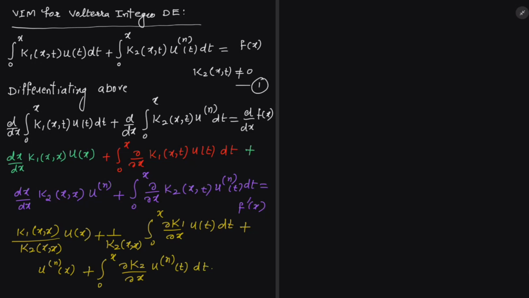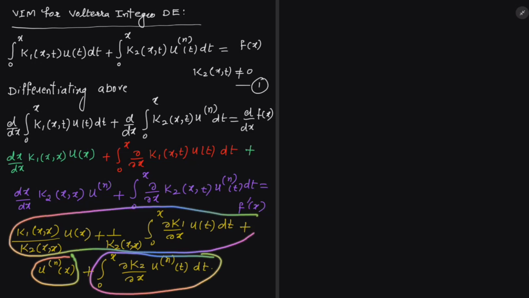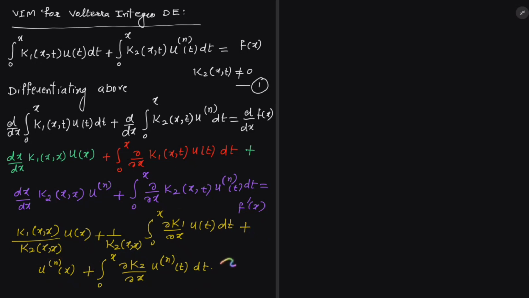Here you can see that we have separated the nth derivative. There is a reason for that, we will learn about that. The right hand side is f dash x.